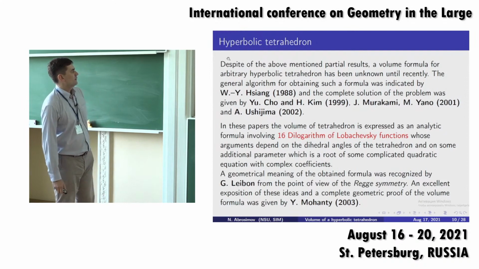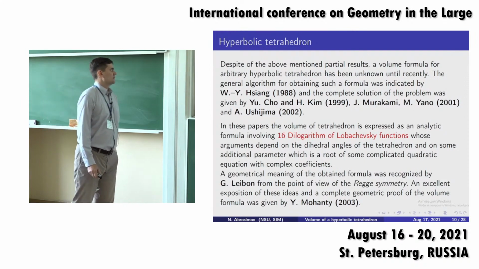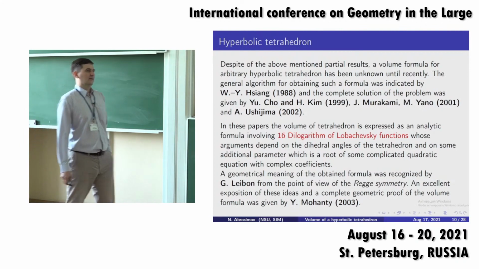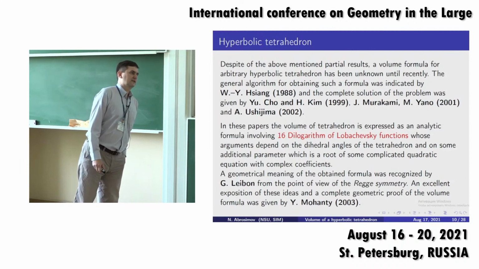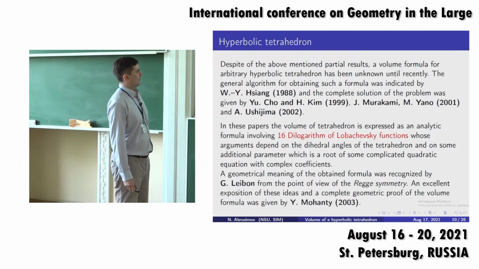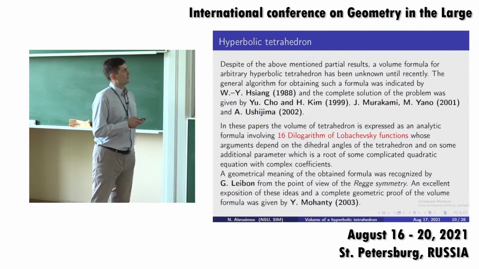And the geometrical meaning of the obtained formula was recognized by Kashaev from the point of view of Regge symmetry. And an excellent exposition of these ideas and the complete geometric proof was done by Yana Mohanty in her PhD thesis.